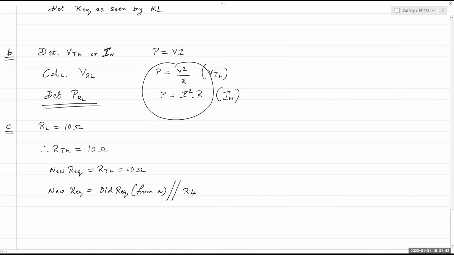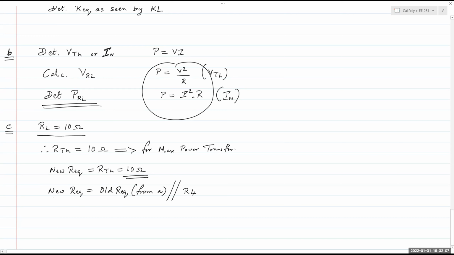So what you need to do is this. RL is 10 ohms. If you want maximum power transfer, then the RTH value for the circuit should also be 10 ohms. Okay, RL should be equal to RTH, right? So the new REQ, or the new RTH, has to be 10 ohms.